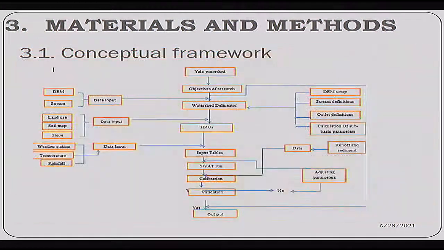So from there, you put them into the watershed, you delineate, then form hydrological response units, and then run the model. You feed it in, run the model, validate, then you get some output.